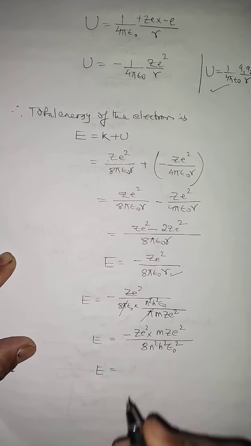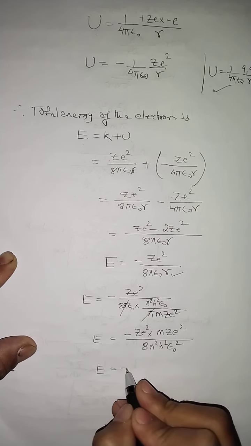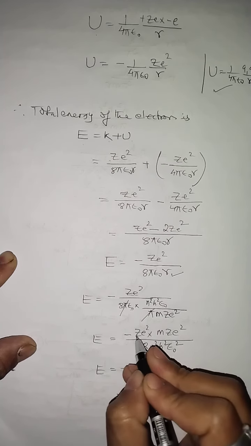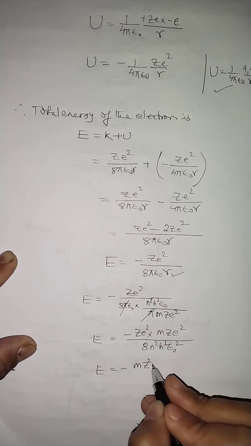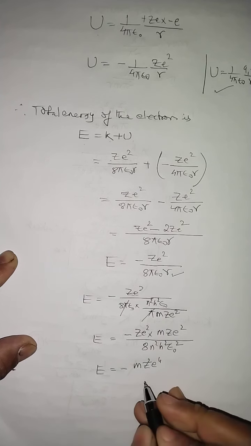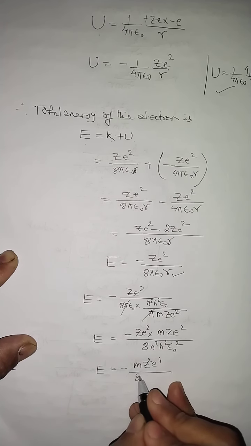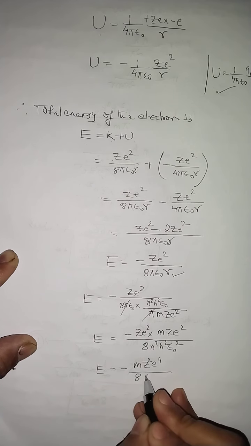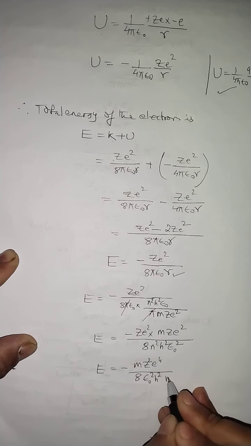So E equals, with the sign minus, m, then Z into Z means Z square, E square into E square means E to the power 4, whole divided by 8, then epsilon naught square, h square, and then n square.